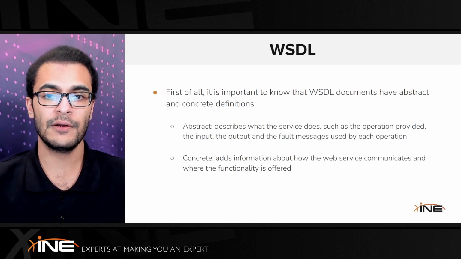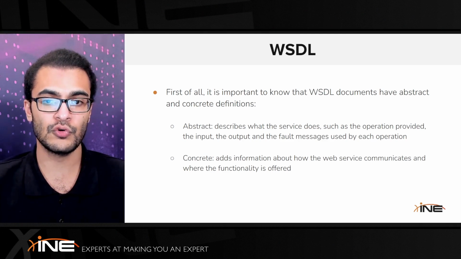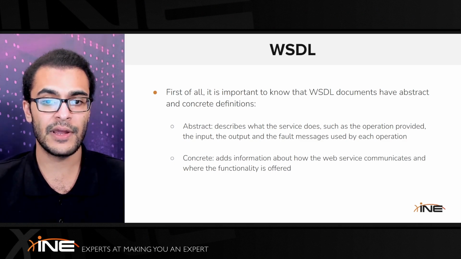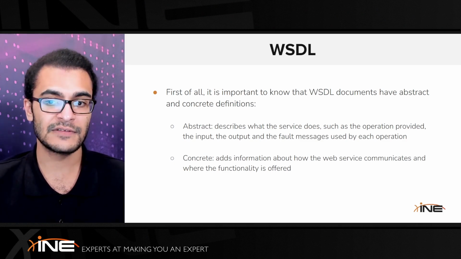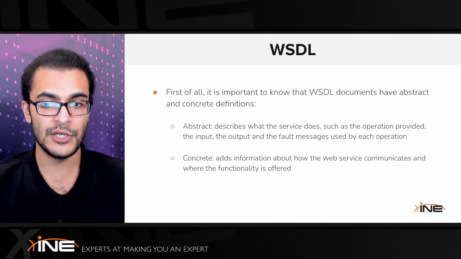Now, before we even take a look at the differences between the two versions, first of all, it is important to know that WSDL documents have abstract and concrete definitions. In the case of abstract, they describe what the service does, such as the operation provided, the input, the output, and the fault messages used by each operation.